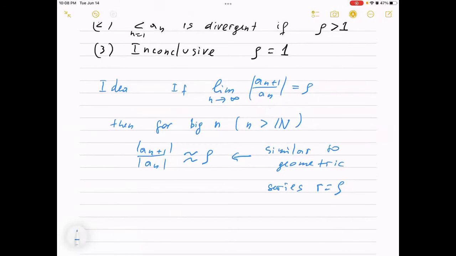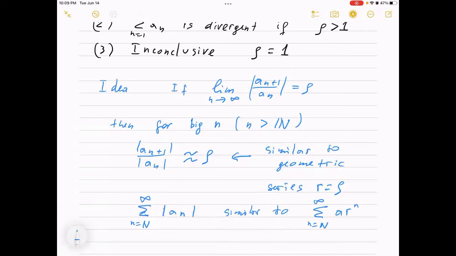So that series consisting of absolute values, starting at capital N to infinity, will be similar to the series of a r to the n.